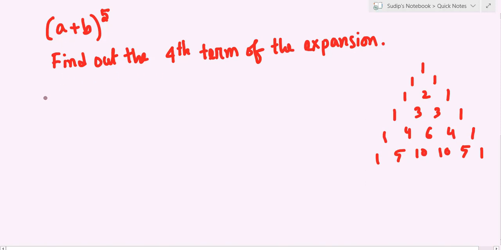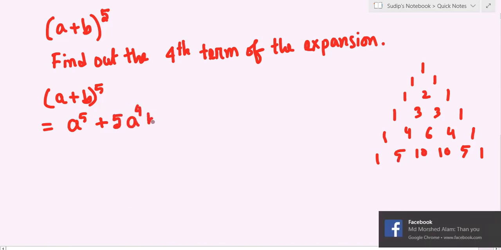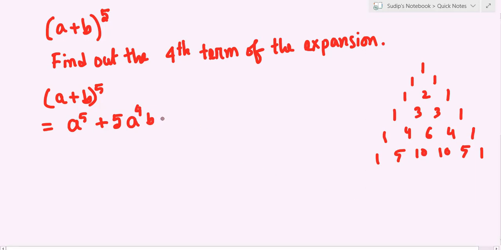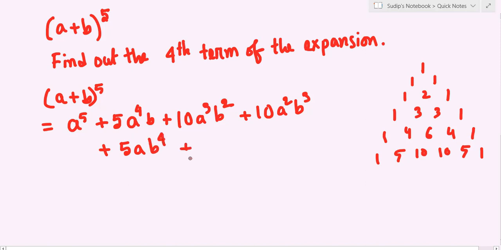So for this, if we expand this binomial expression a plus b whole to the power 5, we will get 1 into a to the power 5, plus 5 into a to the power 4 b, plus 10 into a cube b square, plus 10 into a square b cube, plus 5 into a b to the power 4, plus 1 into b to the power 5.